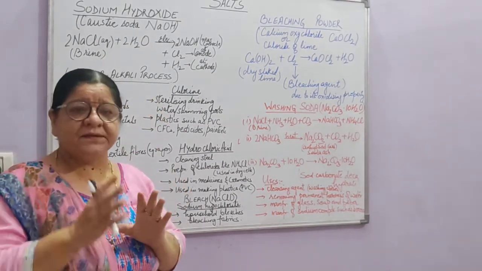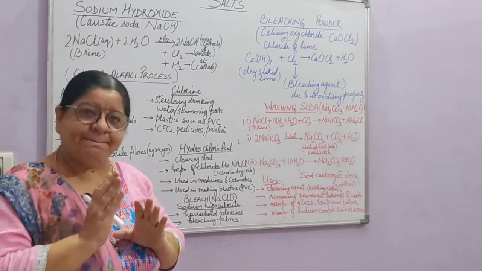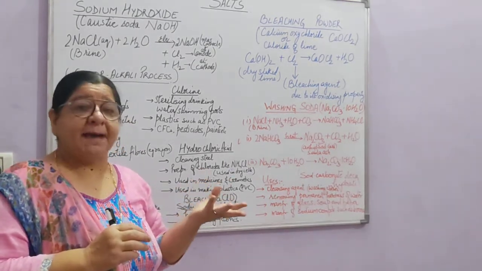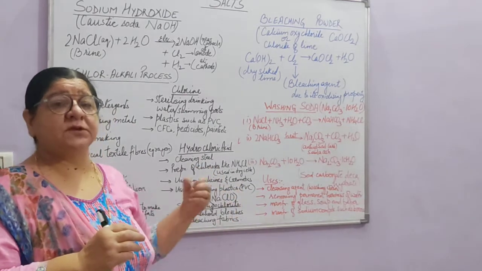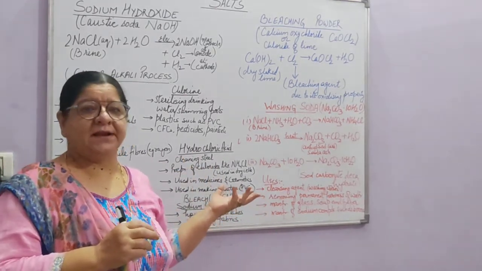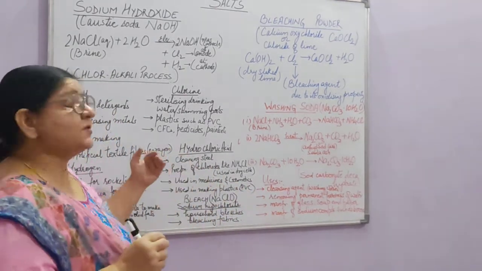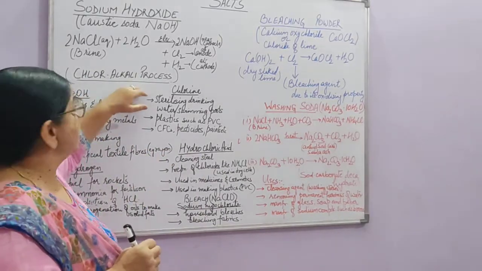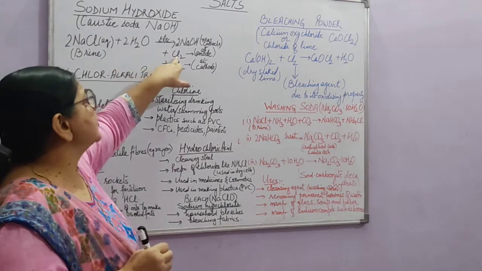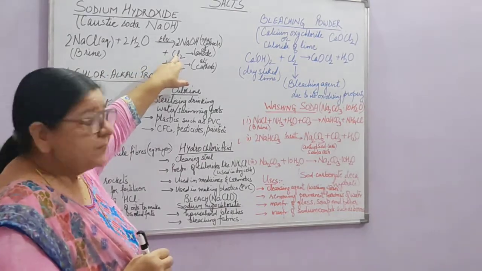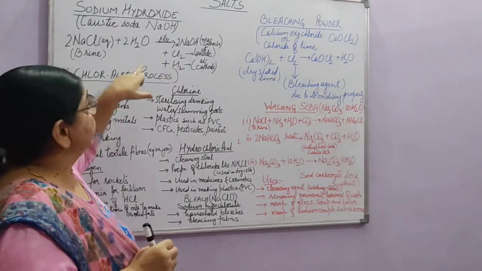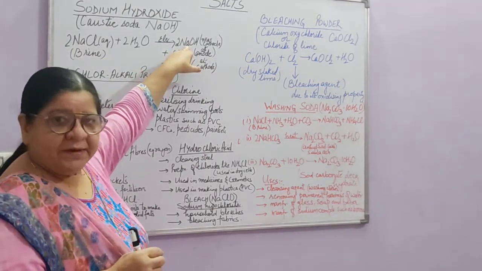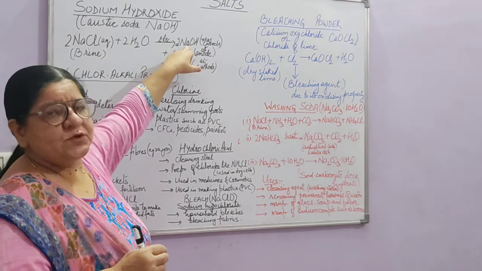Mark it, this is very important. It can be asked in the exam. Why is it called the chlor-alkali process? Because during this process, chlor, that is chlorine, is produced, and an alkali, that is sodium hydroxide, is produced. That is why it is known as the chlor-alkali process.